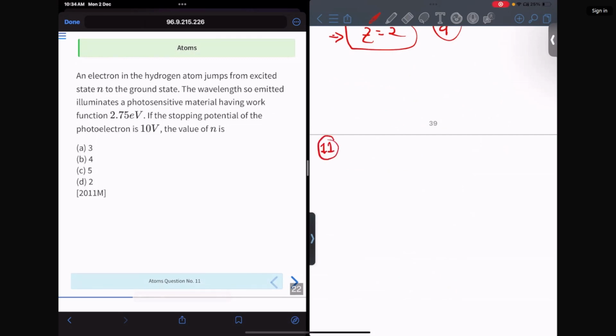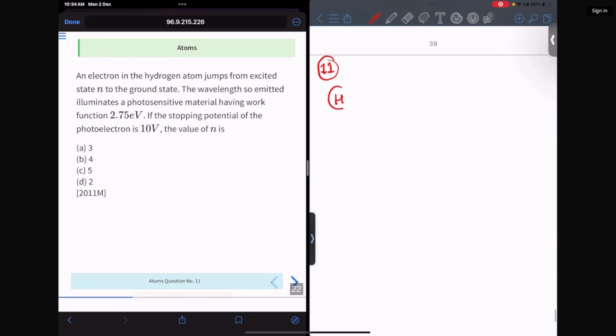Question number 11 says, an electron in the hydrogen atom jumps from an excited state N to the ground state 1.